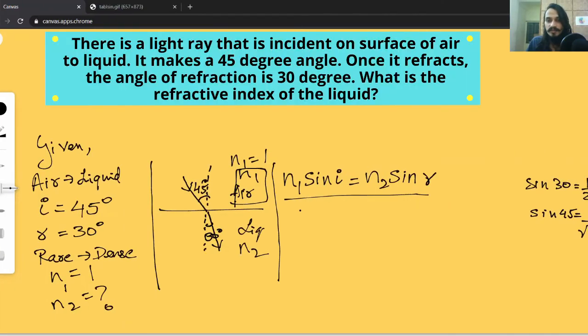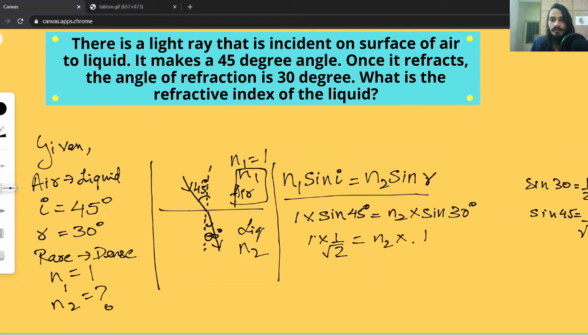Simply start substituting the values. n1 is 1, into sin i, which is sin 45, equals n2 into sin 30 degrees. 1 into anything is the same, so simply write 1 into 1 by root 2 equals n2 into 1 by 2.